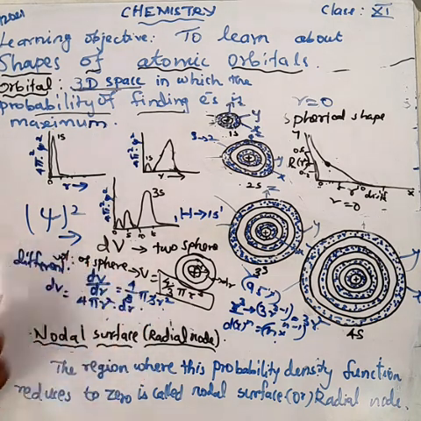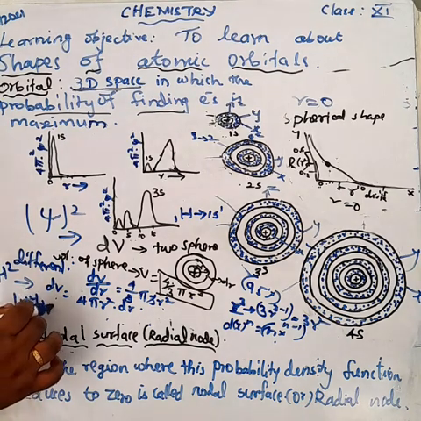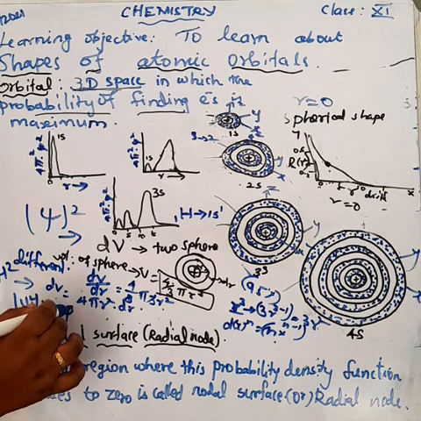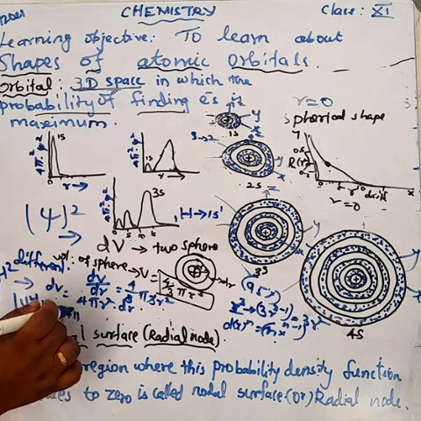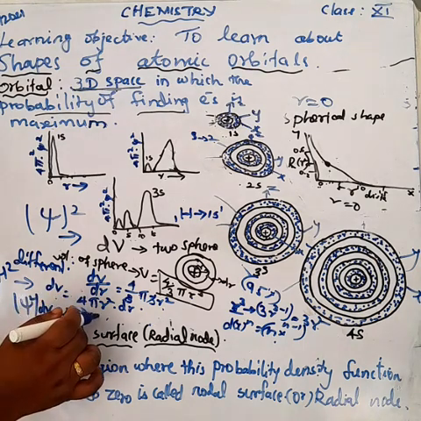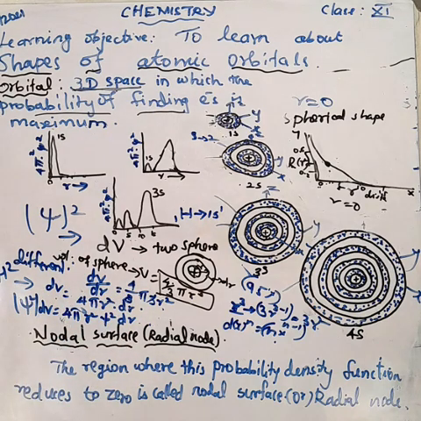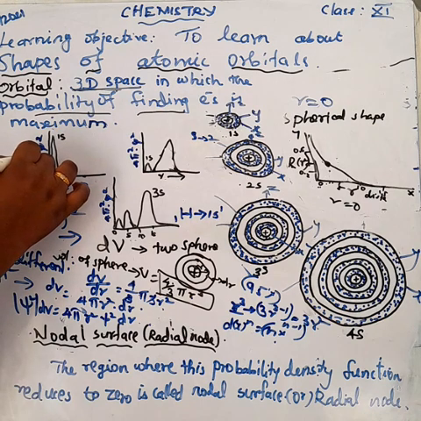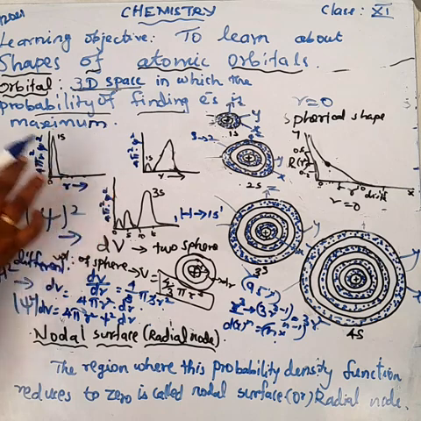When I multiply this equation with psi square, we get psi square dV is equal to 4 pi r square into psi square into dr. So we plot a graph between 4 pi r square into psi square and the radius r.